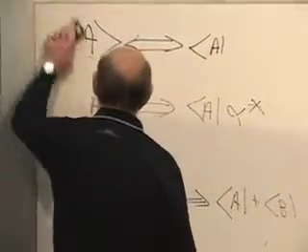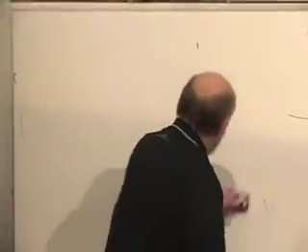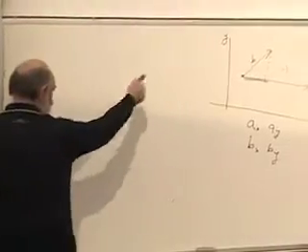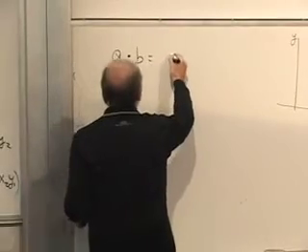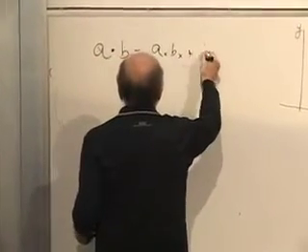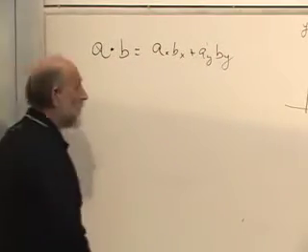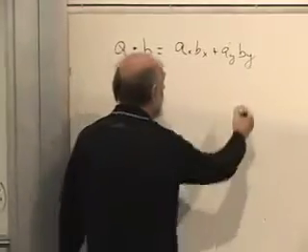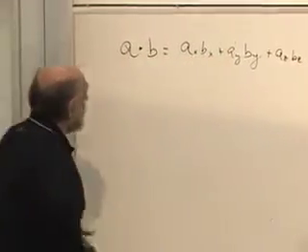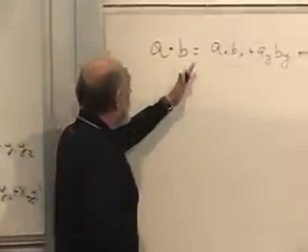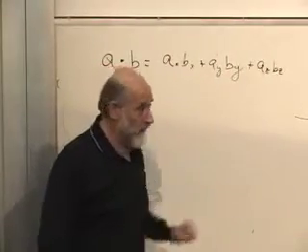So for ordinary vectors, I just mean little pointers, A dot B is equal to AX BX plus AY BY. What if there's a third direction? Straightforward. If there's a third direction or a fourth or a fifth or a sixth direction, you just keep going. AZ BZ. So it's just the sum of the products of the components axis by axis: x, y, z, and so forth.